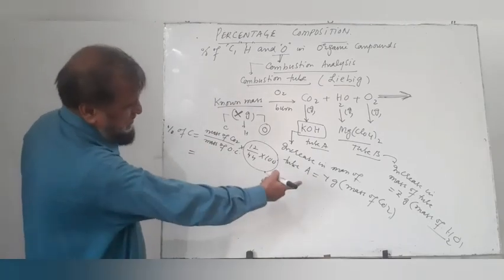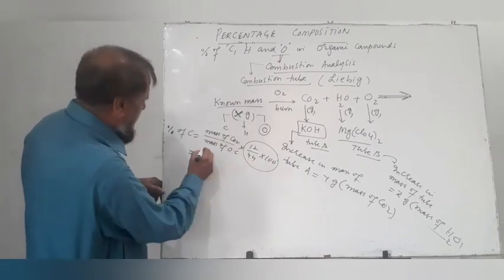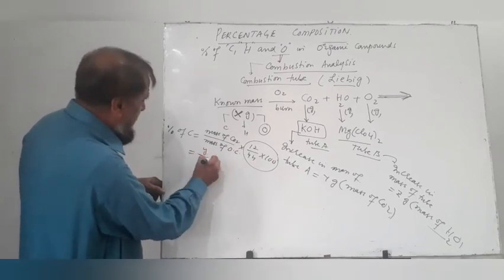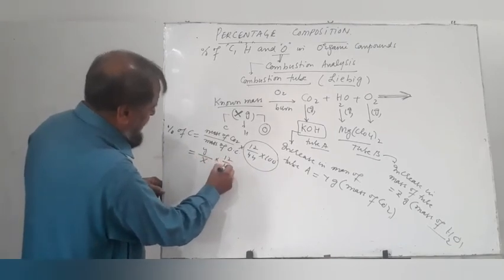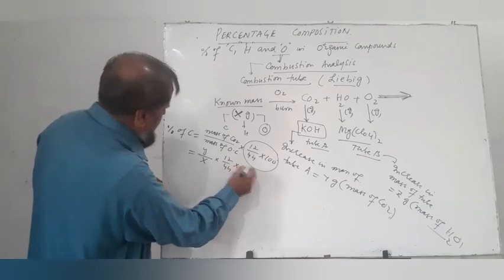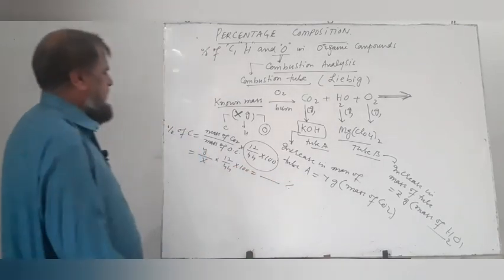In this specific case, we have considered the mass of CO2 to be equal to Y grams. Therefore we can write Y divided by X into 12 by 44 into 100. By putting the values of X and Y, we can calculate the percentage of carbon.